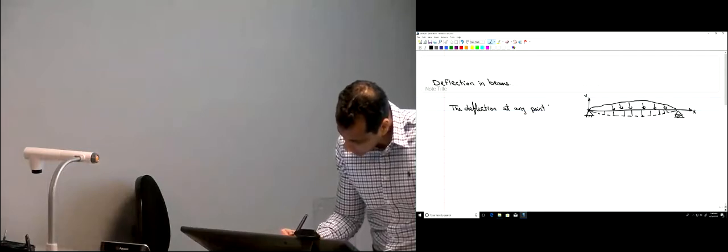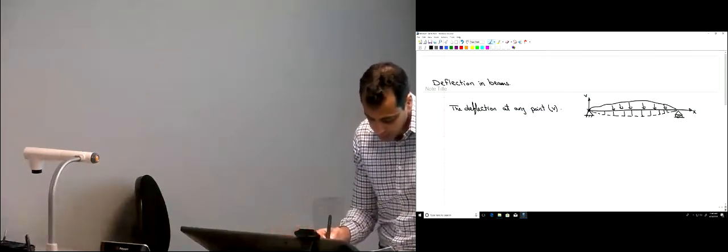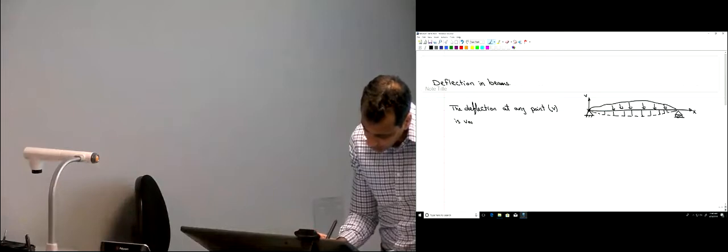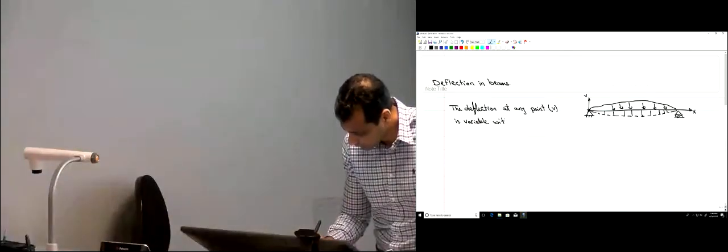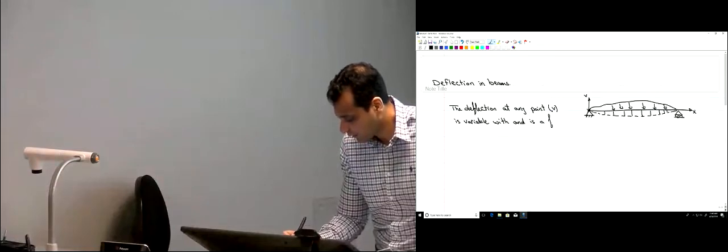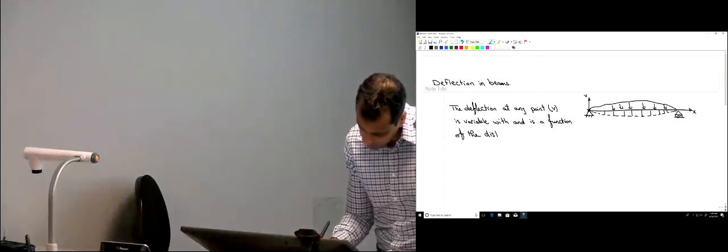The deflection at any point, we're going to name it v small, is variable and is a function of the distance x. It's not constant.